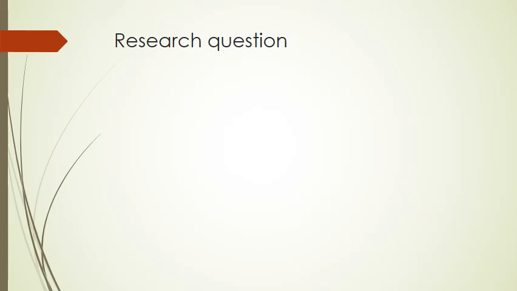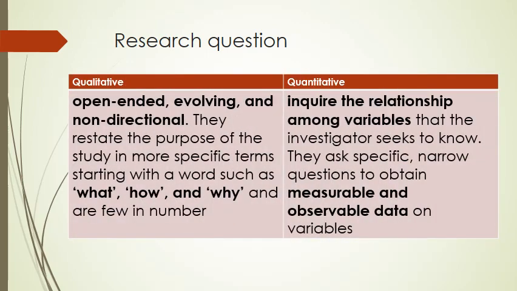And there is also a difference in the question. Usually, the research question in qualitative research is open-ended, evolving, or can be developed, and non-directional, not leading to a yes or no answer.